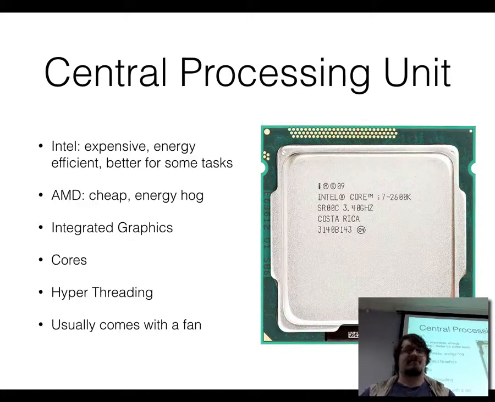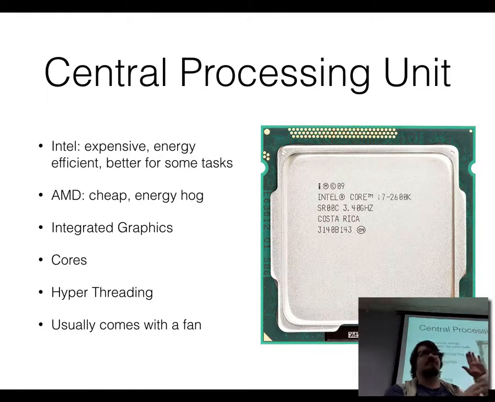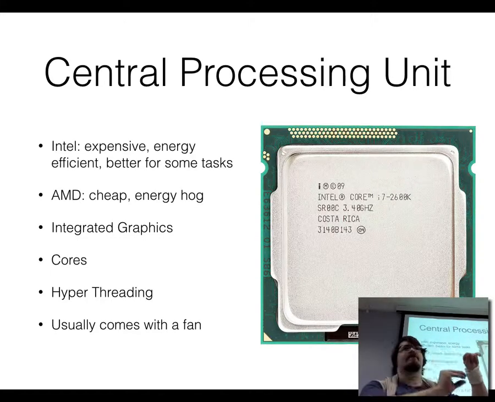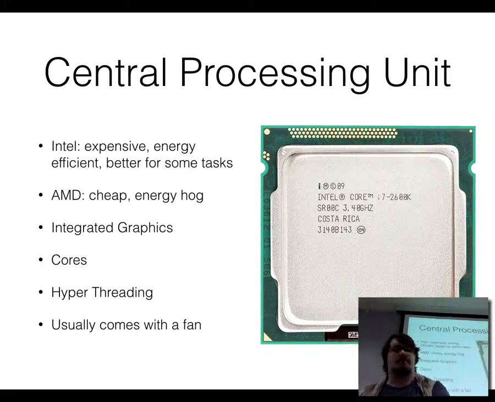Another thing you need to think about in choosing a processor is the number of cores they have. Essentially, they've gotten to the place where they can no longer add more processing power into a CPU. So what they decided to do was add more CPUs within the CPU, which they're calling cores.